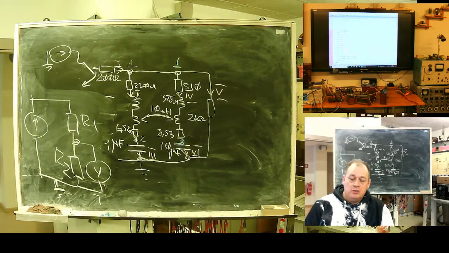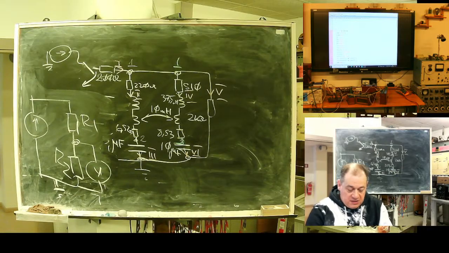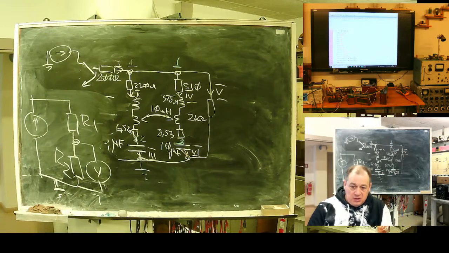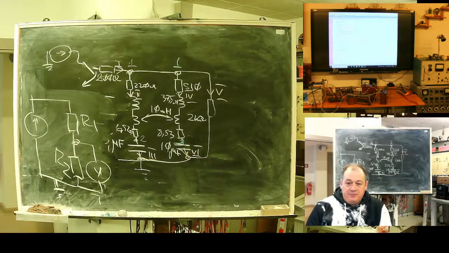I will do a trick. I will replace R1 with 2S6, 2 mega ohm resistance. I don't want to redraw schematic, I just will put. Next, I need my matrix.